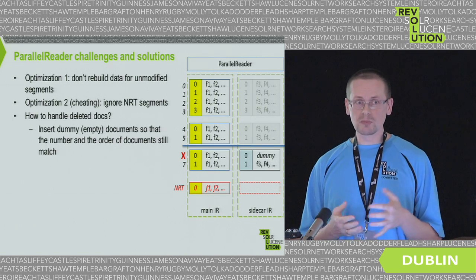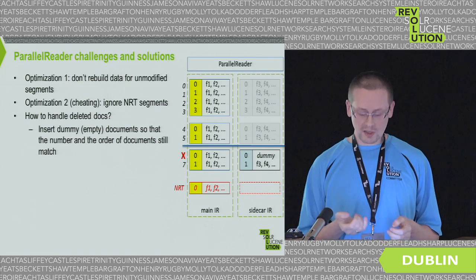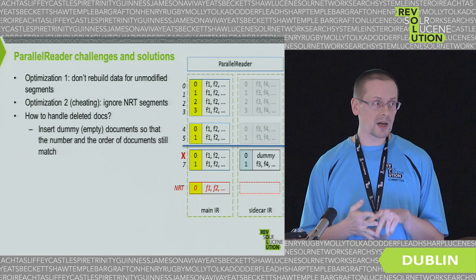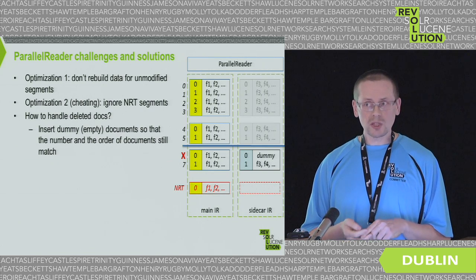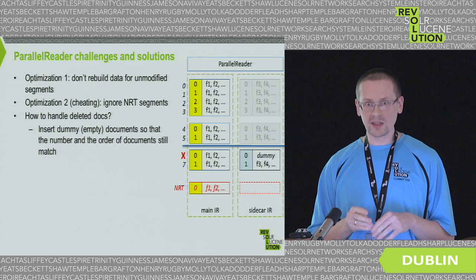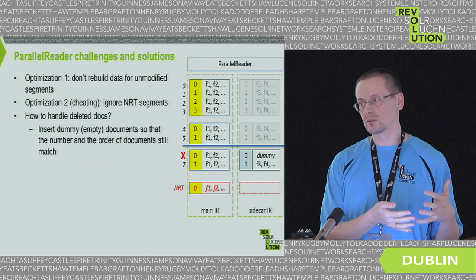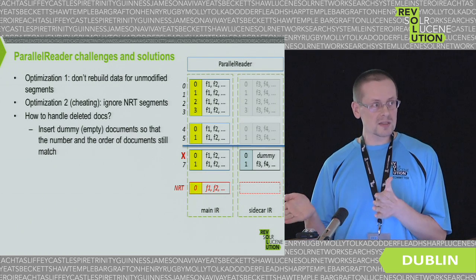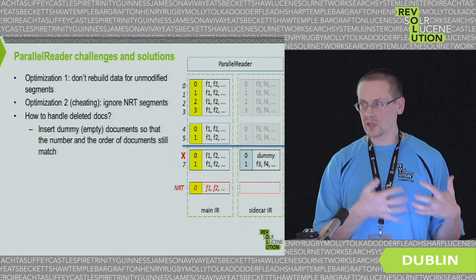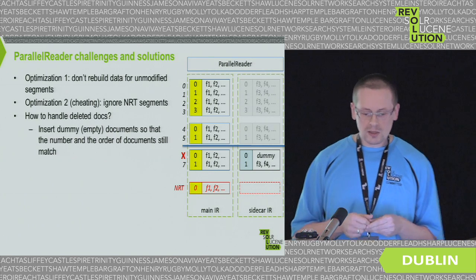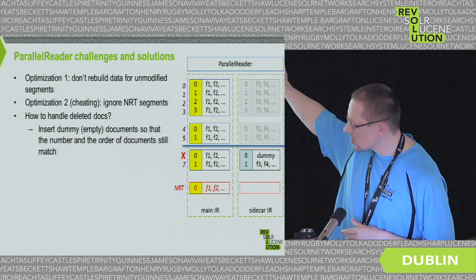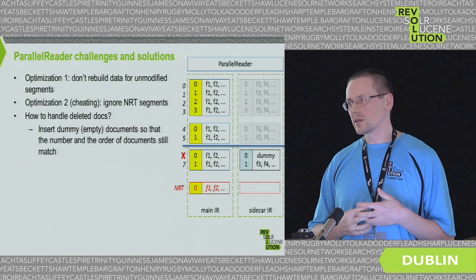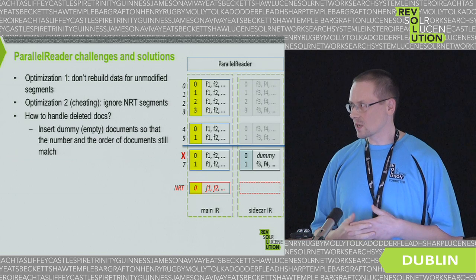So if the composition of the main index still consists of these segments that are numbered 0, 1, 2, 3, 5, for example, then we don't have to scan again documents that correspond to these segments if we already have built the parallel segments that match one-to-one to these existing segments, right? That's why these segments in the sidecar index are grayed out. We don't rebuild them. We just rebuild the data that corresponds to the newly created segments.